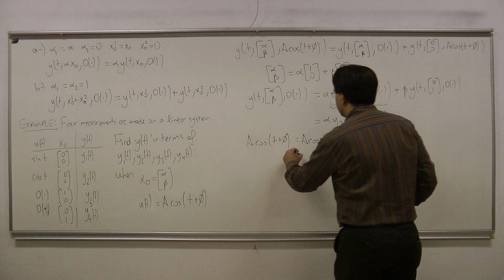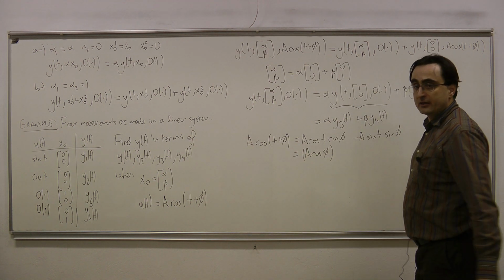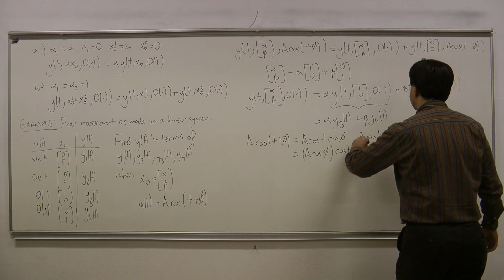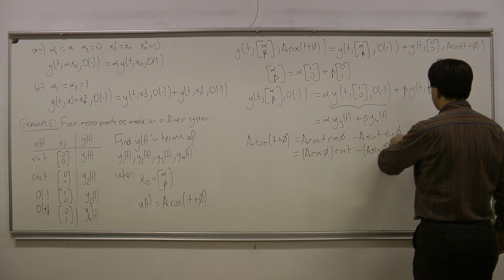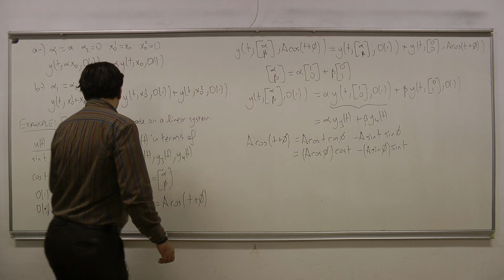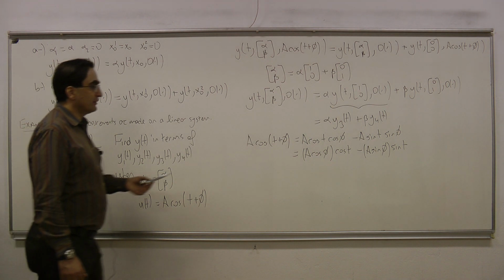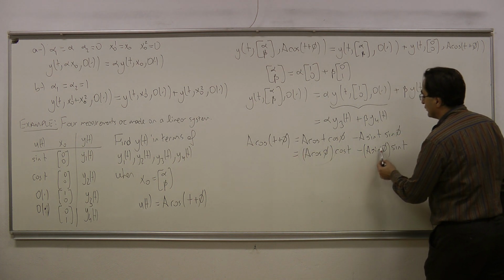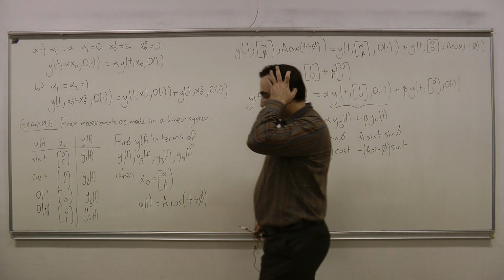Now I can actually write this as a cosine phi, which is like a coefficient to me, times cosine t, minus a sine phi, which is another coefficient, times sine t. So you see that this input that I give the system is a linear combination of these two inputs, sine t and cosine t, and the coefficients of that linear combination are a cosine phi and a sine phi. All right.